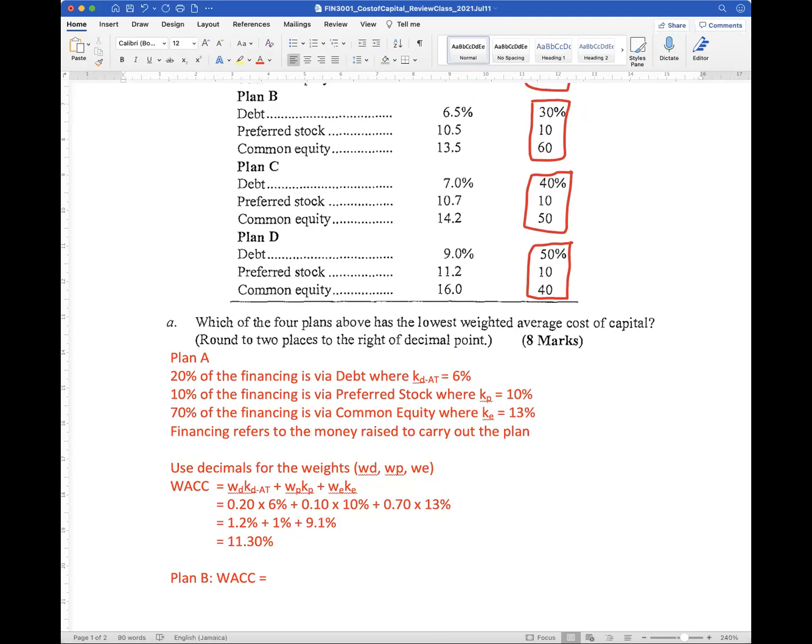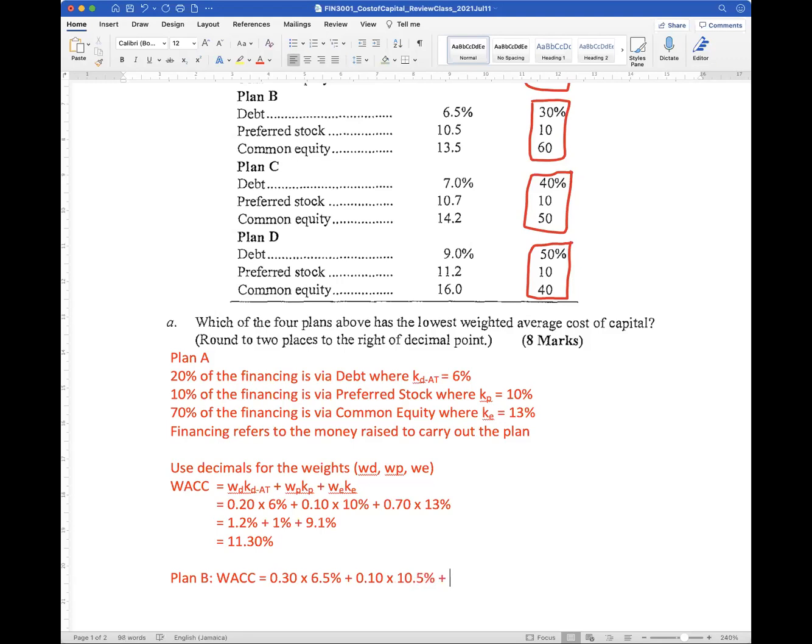So using the same formula for plan B, we're going to have 0.30 times 7%. Oh no, that's not 7, that's 6.5. Plus 0.10 times 10.5%.